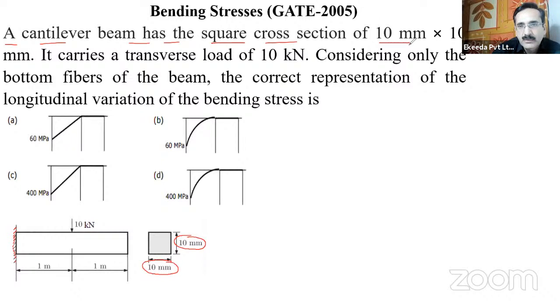Dimensions are also given. It carries a transverse load of 10 kilonewton. The load is also given to us. Considering only the bottom fiber, we are considering only bottom fiber, this fiber.